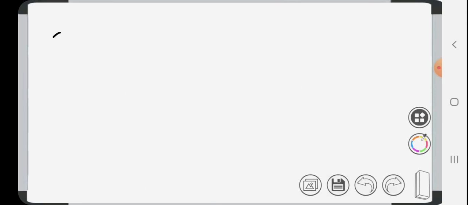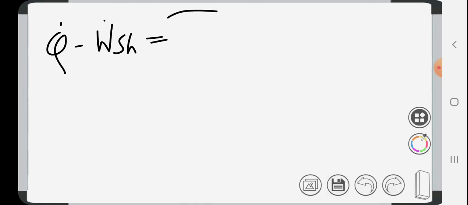Now I can write Q dot minus W shaft, and actually here work was the sum of shaft and flow work. Now I try to keep shaft work here itself and flow work to the right hand side.